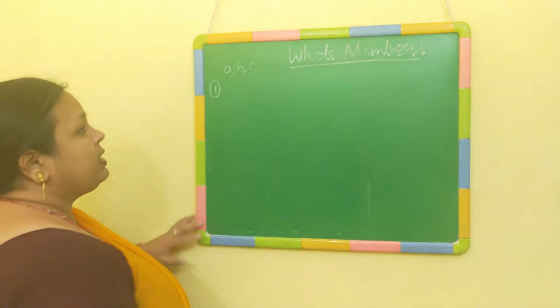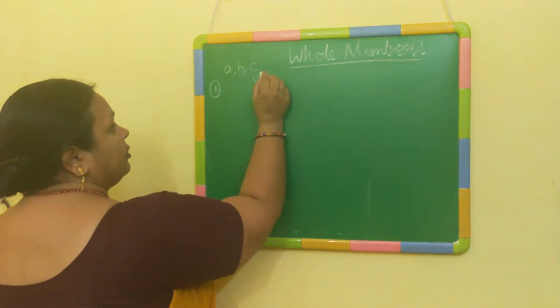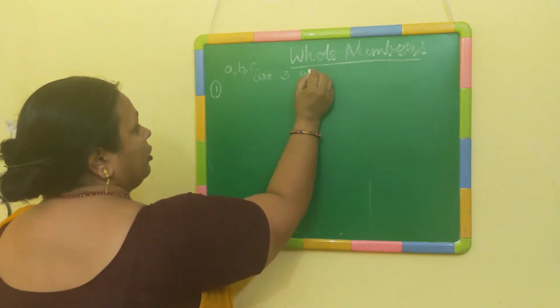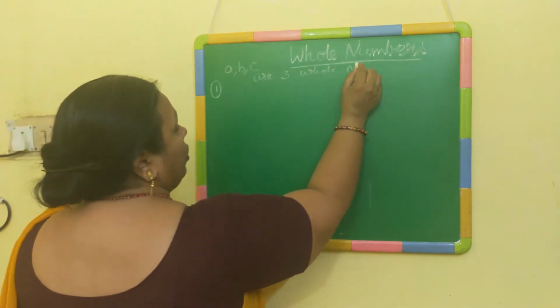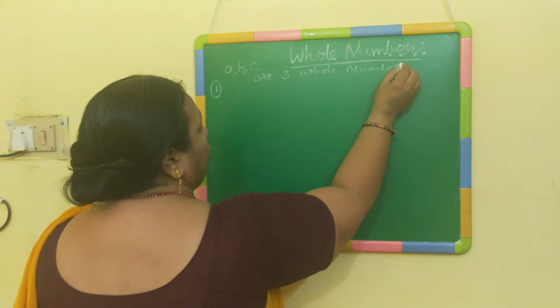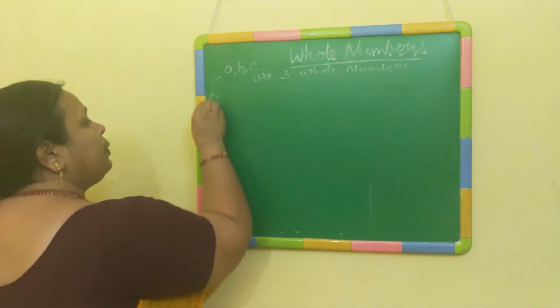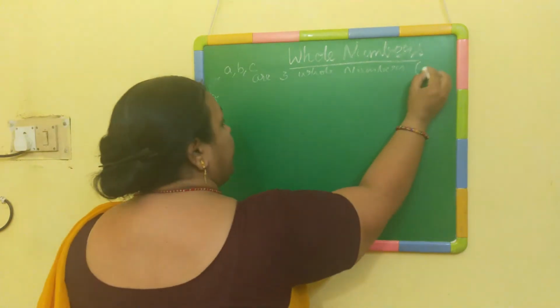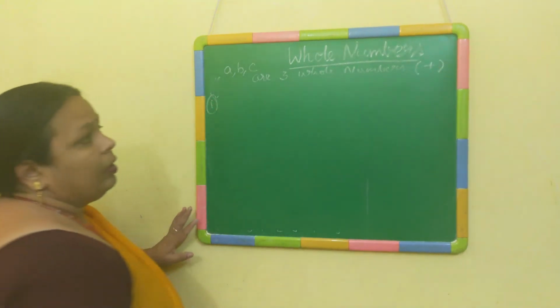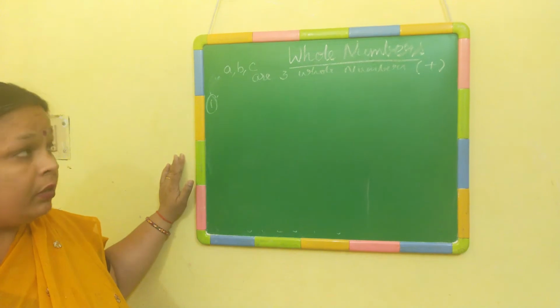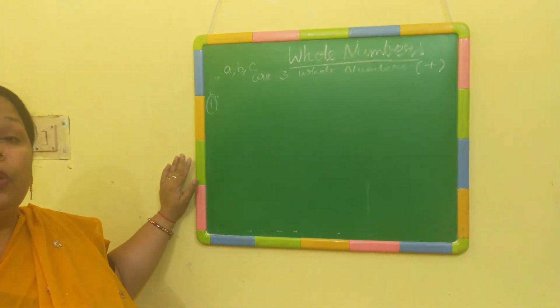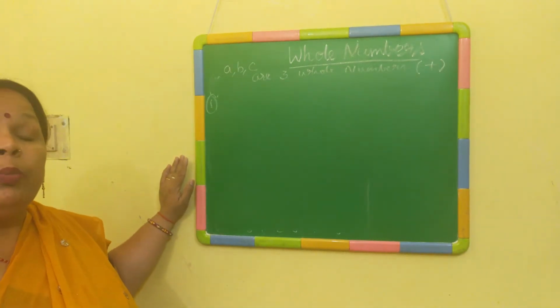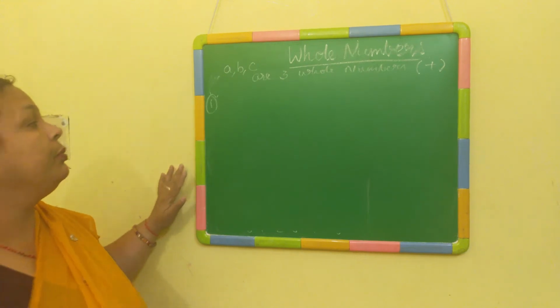Clear? A, B, C are 3 whole numbers. Now the first property, and we are discussing properties for addition: property of addition for whole numbers.